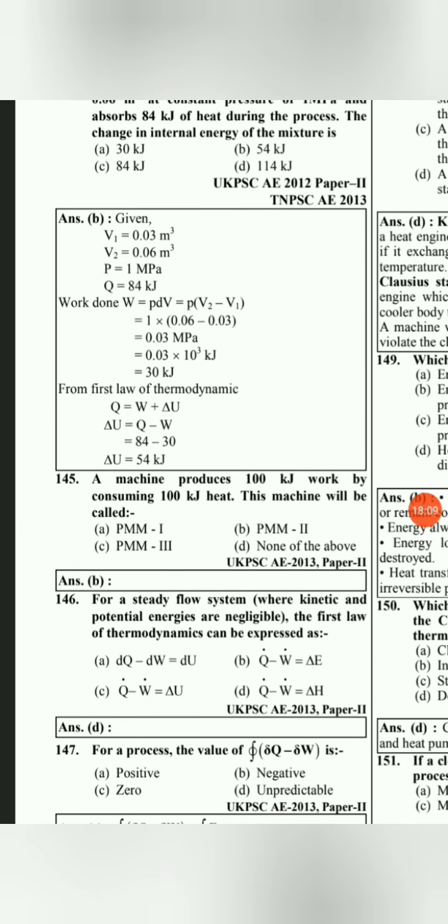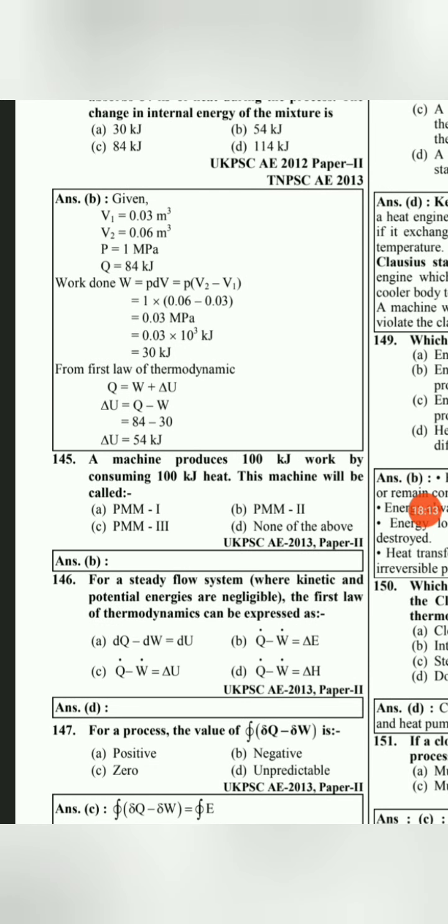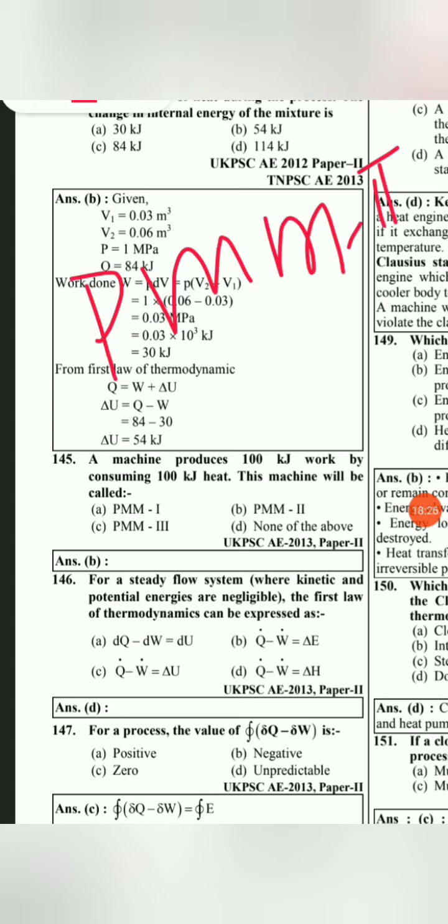Then next question: a machine produces 10 kilojoule work by consuming 10 kilojoule heat. This machine will be... For that purpose we must know the second law of thermodynamics. So perpetual motion machine of kind second, PMM second, are those machines where input will be equal to output.